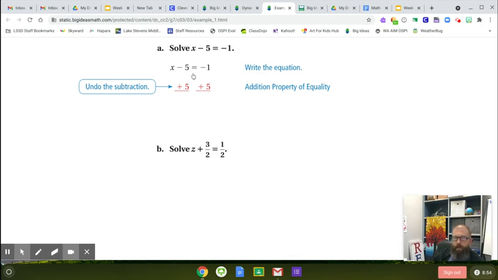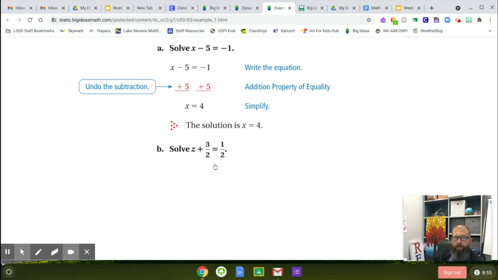If I add 5 to this side, I have to add 5 to this side. I'm left with x equals 4 because x is now all alone, and negative 1 plus 5 is 4. Now I'm all done. x equals 4 is my solution.